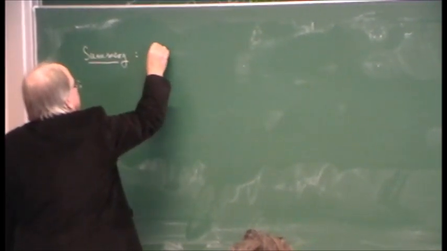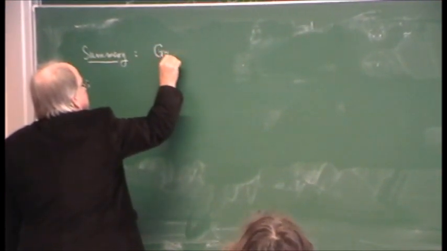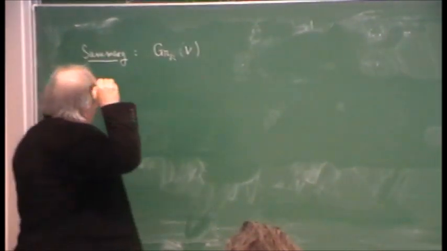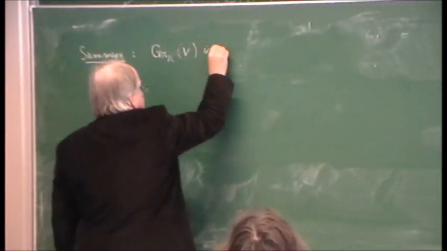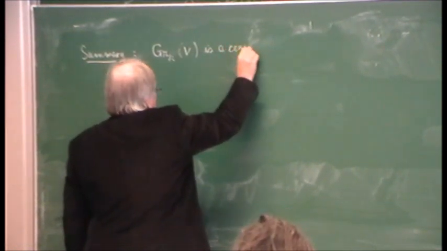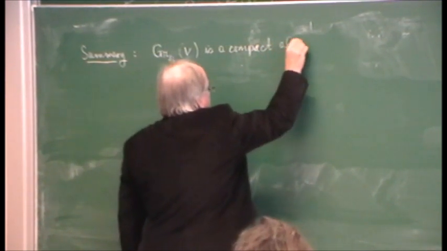in fact, you will easily check that these Grassmannians are compact algebraic manifolds.